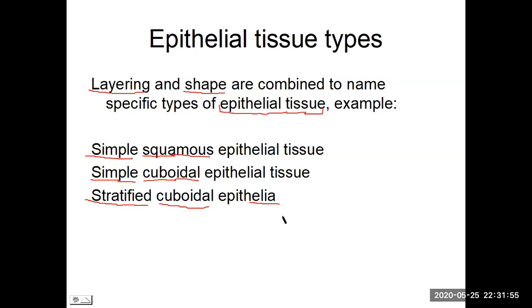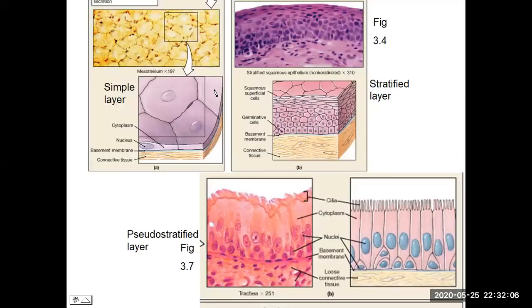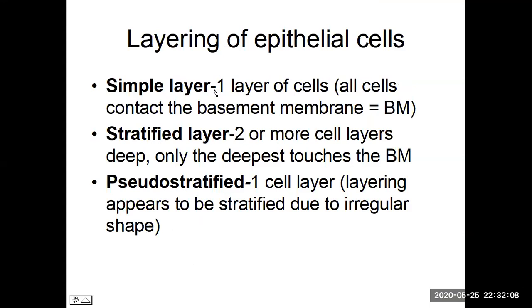So now we want to go back to look at these traits, the layering and the shape. There's benefits for each. So we'll go back here to simple layering, a single layer of cells. The benefit here, this is great for diffusion. It's just a very thin barrier, one layer of cells only, so diffusion and absorption through that single simple layering.